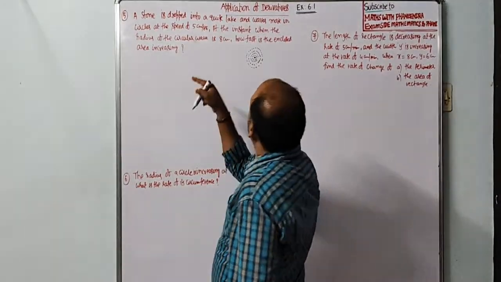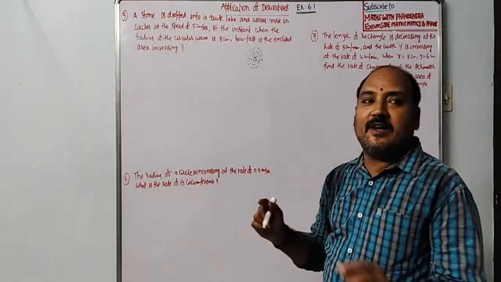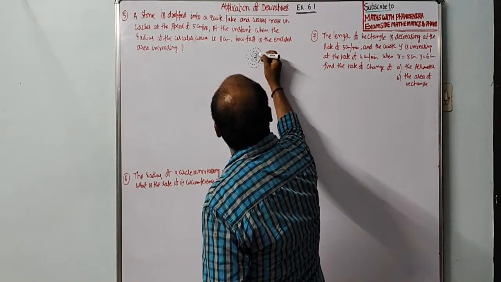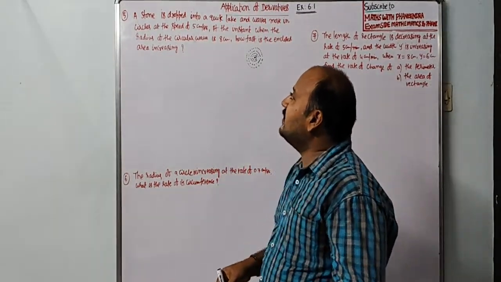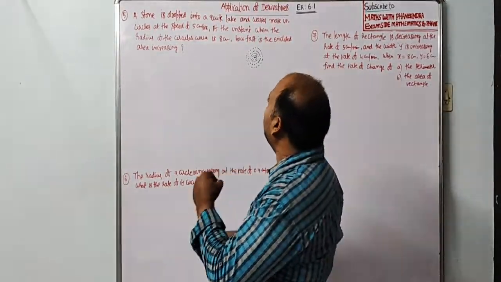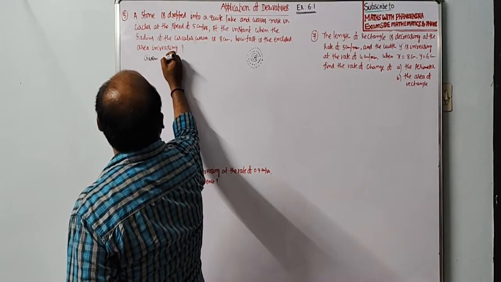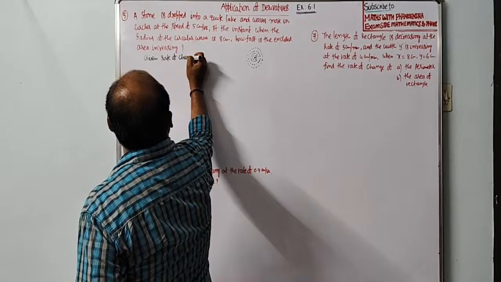In that, it moves circular at the speed of 5 centimeter. That means from here to here, which is called indirectly the radius. The rate of change of radius is given indirectly.